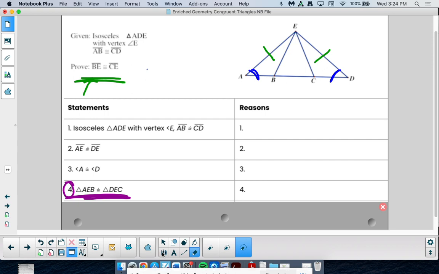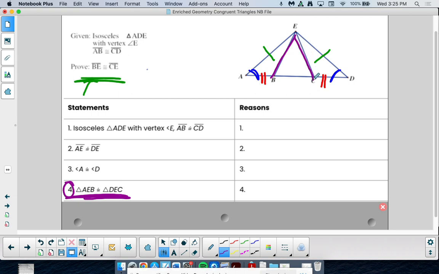And then the other part of our given is that AB is congruent to CD. So this guy here is congruent to CD. Okay. So all of that's just free information. And then our end goal is to show that BE is the same as EC.